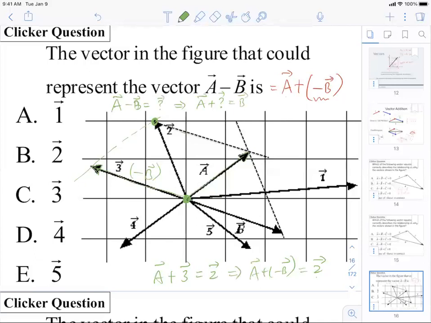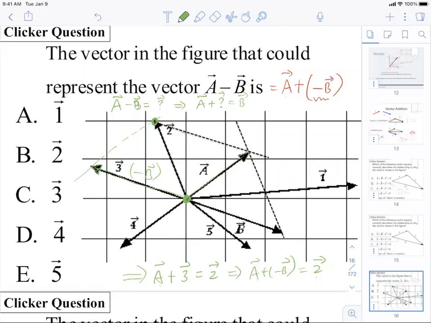Oh, I'm sorry. Sorry, I have a question. Yes, go ahead. Based on what you said, A plus 2 gives us B? Are you asking how I got 2? Yes, how you got 2.